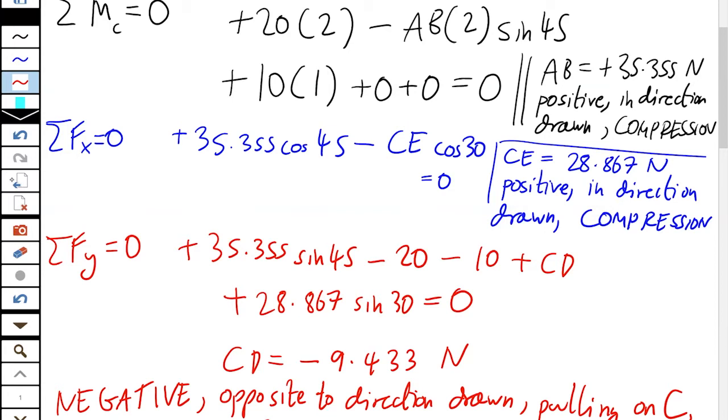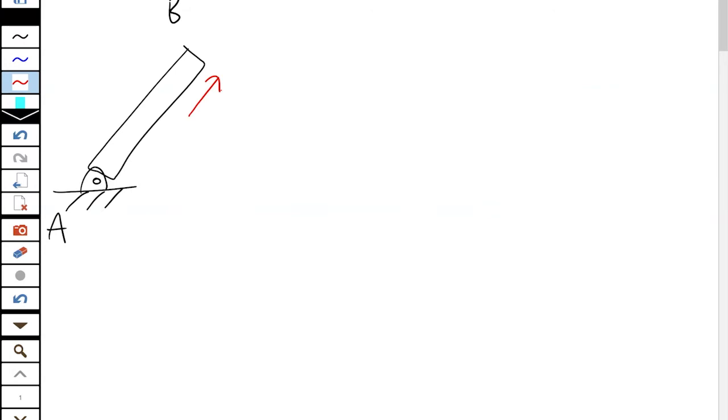Let's have a look. So I have AB. We found AB was in compression, pushing up on B 35.355 newtons. Well, that means it's pushing out at the other end as well. It's pushing down on the ground 35.355 newtons.